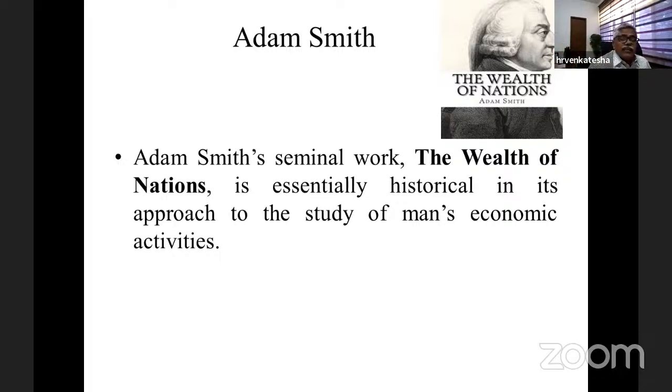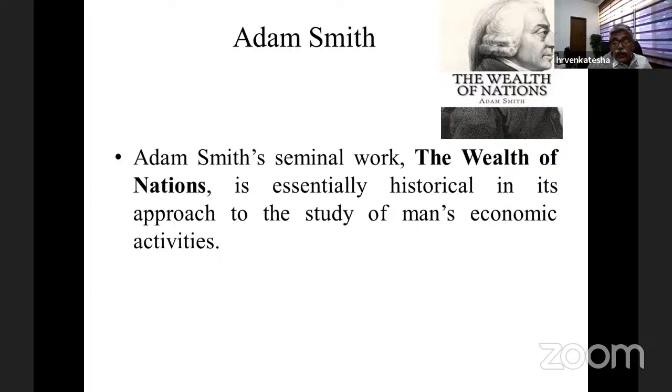The point here is, when we talk about business history, Adam Smith is the first person that comes to our mind, who used historical data to prove how monopoly ruins the country's economy, how it ruins the individual economy, and how it ruins the regional economy.